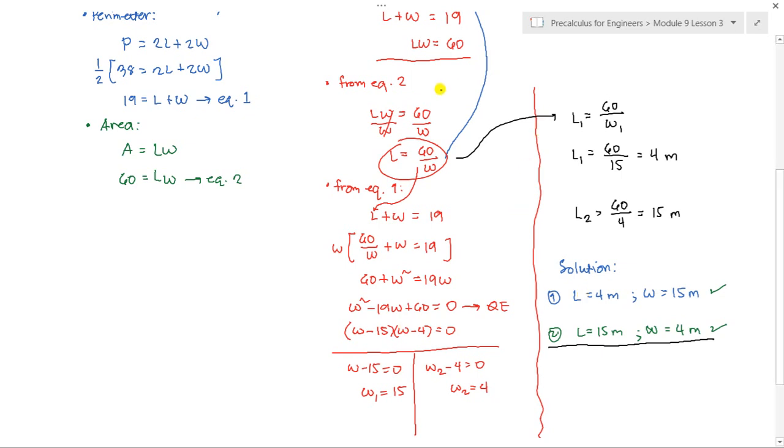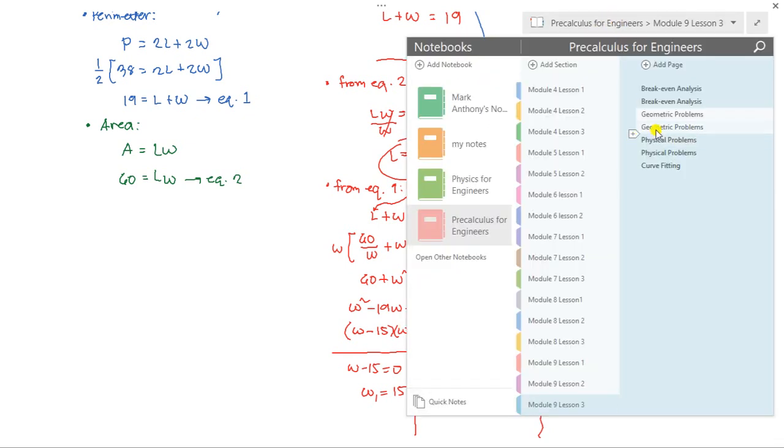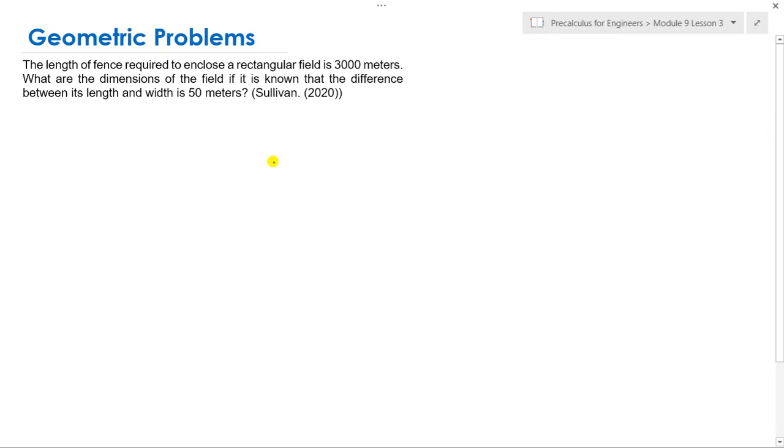Okay, so let's proceed to the next. These are still geometric problems. So here, the length of fence required to enclose a rectangular field is 300 meters. Then what are the dimensions of the field if it is known that the difference between its length and its width is 50 meters?